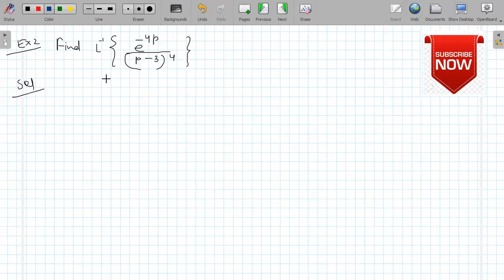So here you can see that the function F(p), when you compare this with the e raised to the power minus ap F(p) type of expression, the value of F(p) will be 1 upon (p minus 3) raised to the power 4. So f(t) will be Laplace inverse of 1 upon (p minus 3) raised to the power 4.